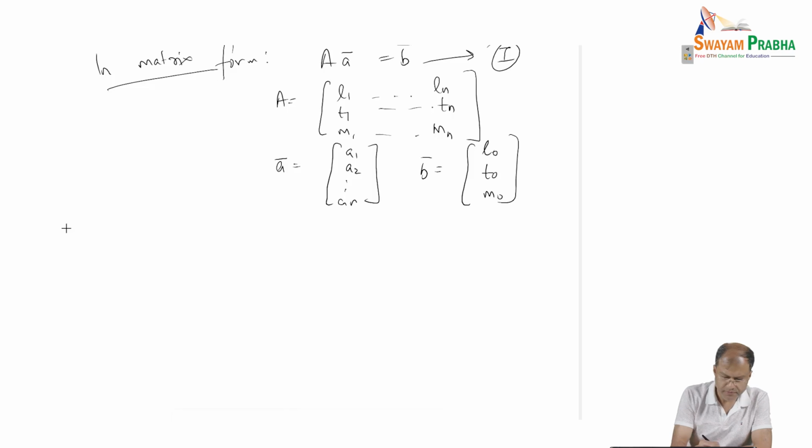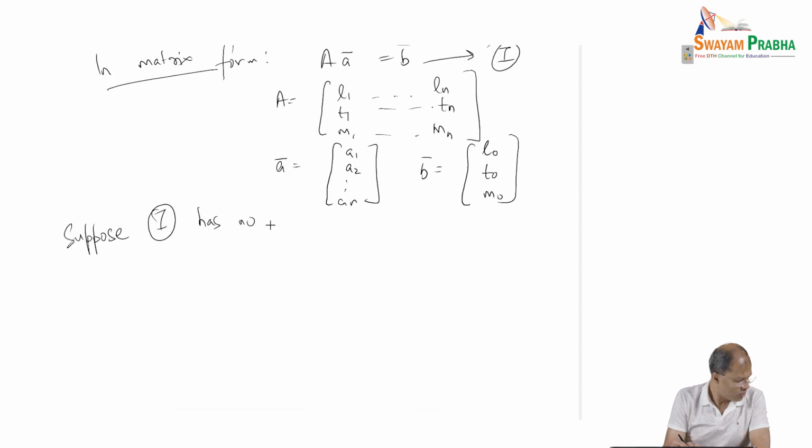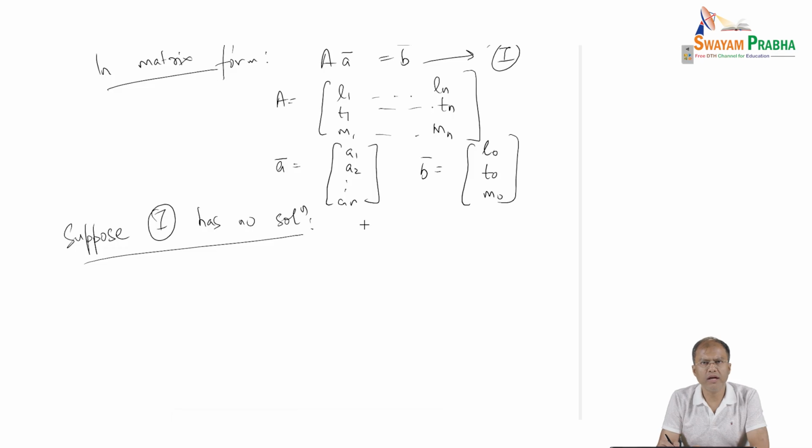Okay, so suppose we look at the first case. Suppose it has no solution. This is simpler because we know that in this case dimensional analysis cannot be done.